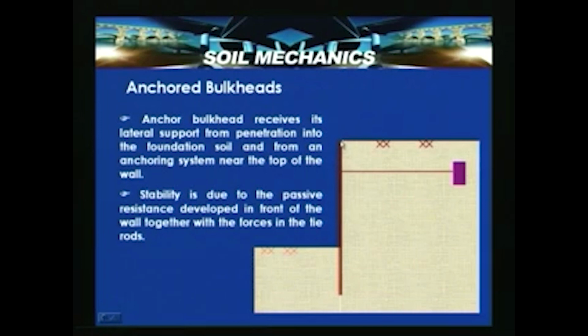Previously the cantilever sheet pile wall had no tie rod or anchoring system, but to manage deeper excavation, especially in waterfront structures in the marine environment, a passive resistance is developed in front of the wall together with the forces in the tie rods. These tie rods have to be placed at certain spacing and have sufficient length so that they do not interfere with the failure surfaces.